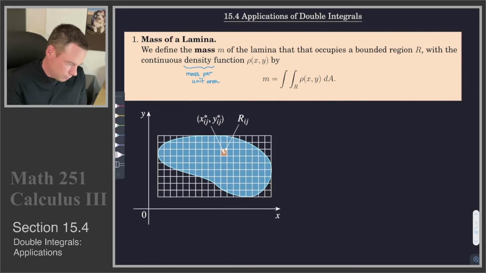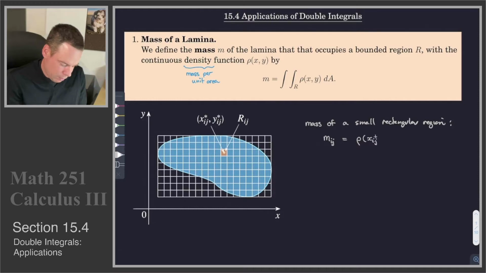And then we look at what is the mass of a small rectangular region. Well, it'll be the density of that region. We'll call it Mij for the mass of the ith-jth region. It would be the density of that region, and we're using a sample point in that region.